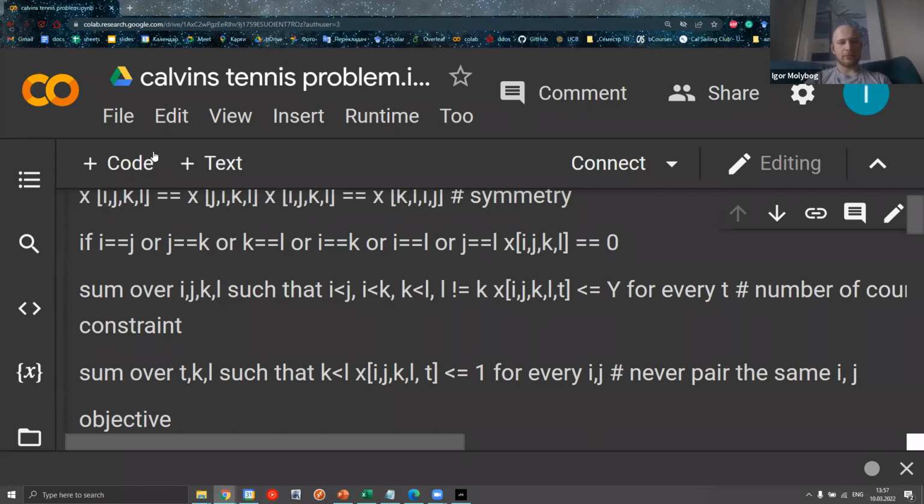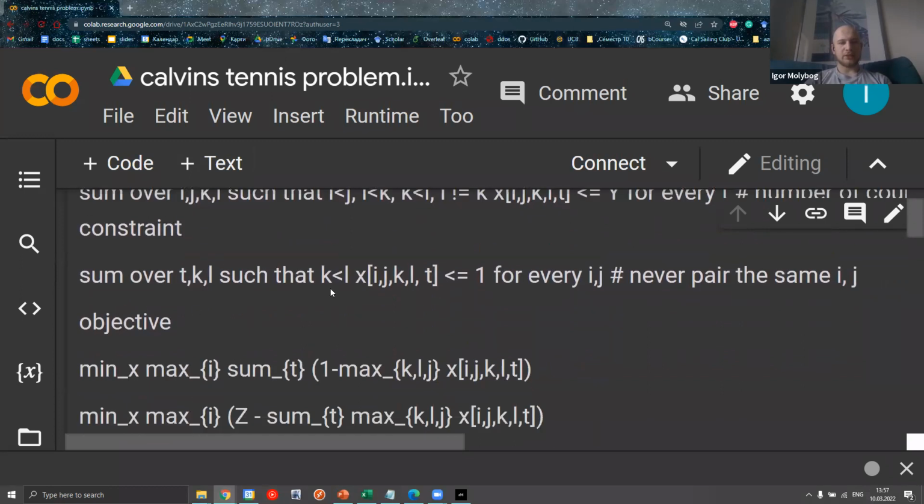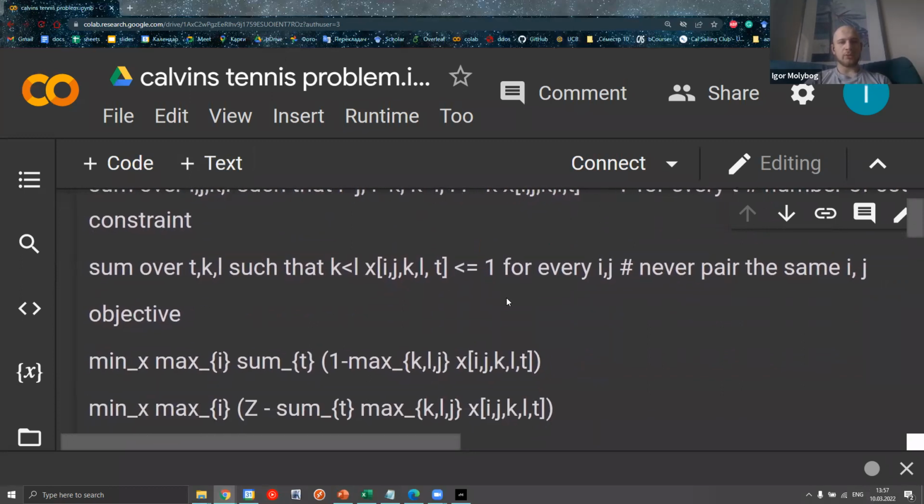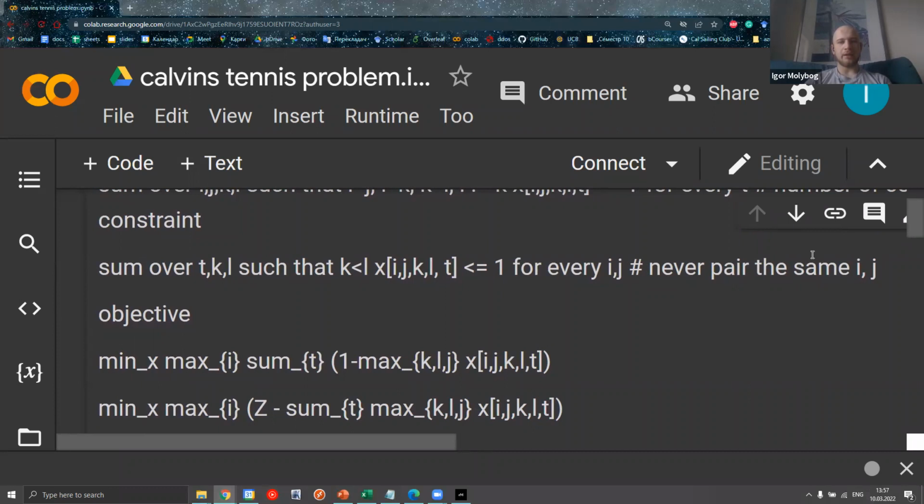So now we are summing over t, k, l such that we just need to make sure that a pair ij is never the same, so neither ij nor kl is ever repeated in the same way. So the sum over t, k, l such that k is less than l is less than or equal to 1 for every ij. It doesn't matter, it's a summation over all t.